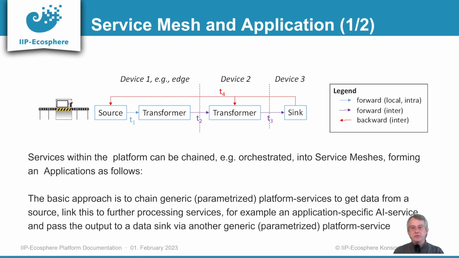The basic approach is to chain generic parameterized platform services to get data from a source, link this data to further processing or transforming services, for example, an application-specific AI service that works on the data from the source, for example, transforms the data and passes the output of this transformer service to a data sync via another generic parameterized platform service. So instantiated connections between services are called data paths or relations and are defined as part of the application in the platform configuration.